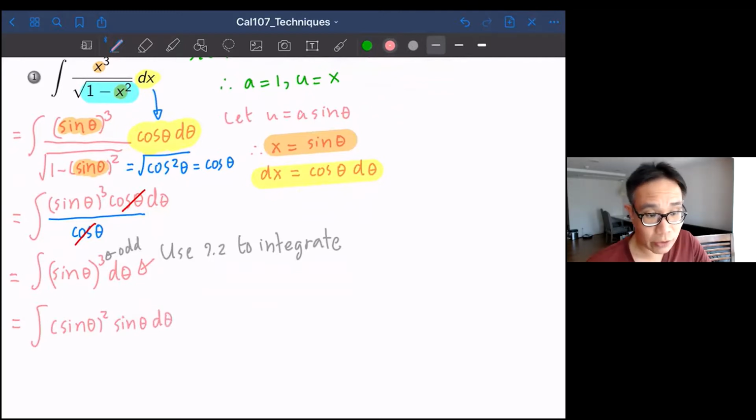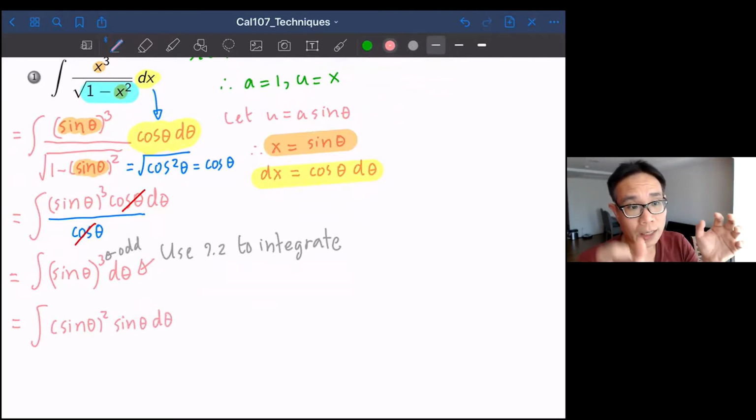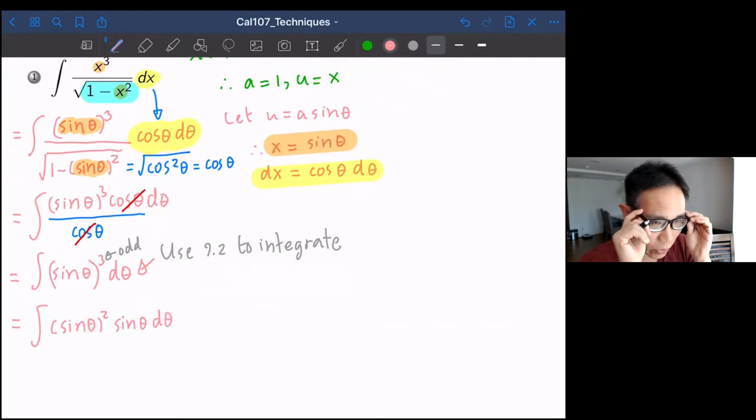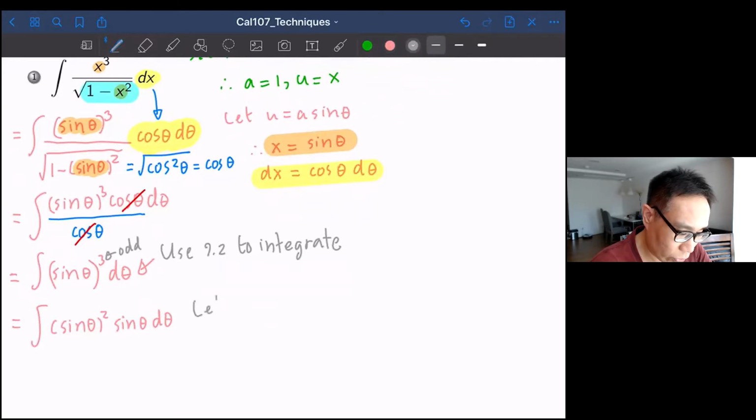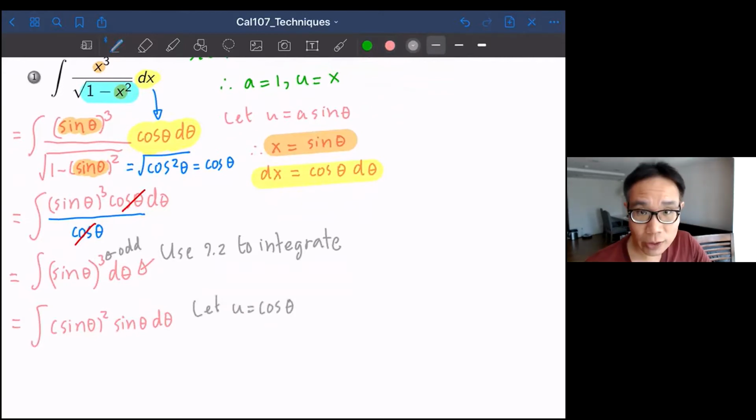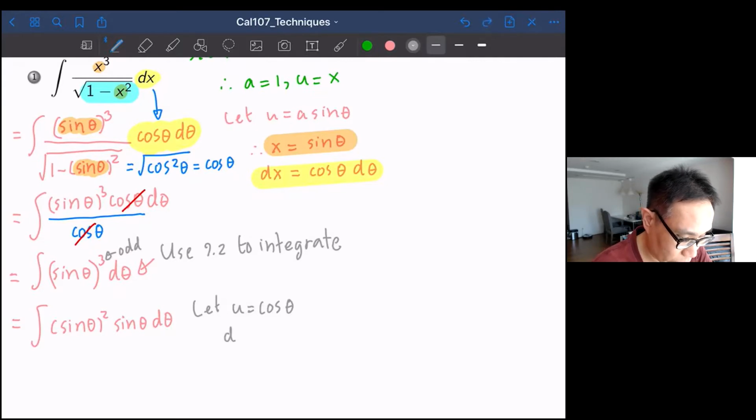So you split this one in terms of sine and multiply with the rest of the power of sine that you have, and then you're going to let u be cos theta. But I already used u, so I'm going to let w be cos theta.